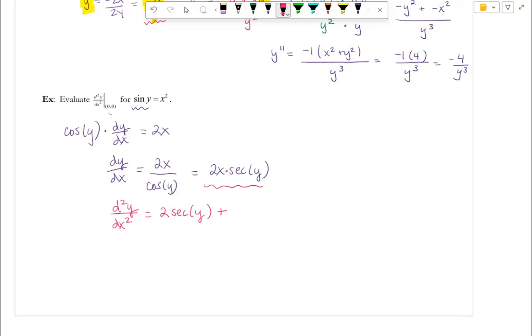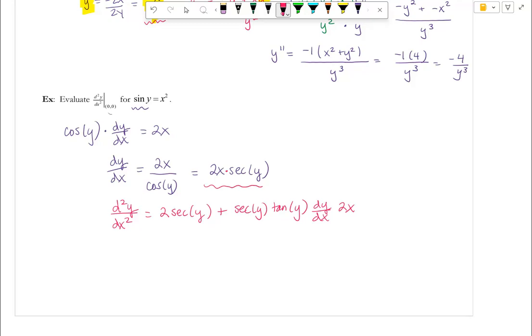The derivative of secant of some junk is secant of the junk times tangent of the junk times the derivative of the junk. That last part's the chain rule. So I get secant of y times tangent of y times y prime, or dy dx, and then I still have to multiply that by my 2x from the product rule.